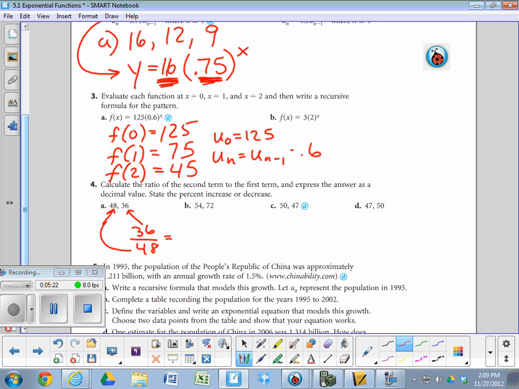What did you get? 0.75. 0.75 would be the amount that you retained. The follow-up question that I'm going to underline in blue is, what percent did it go down by? Well, if you're keeping 75%, what percent decrease is it? 25% decay.